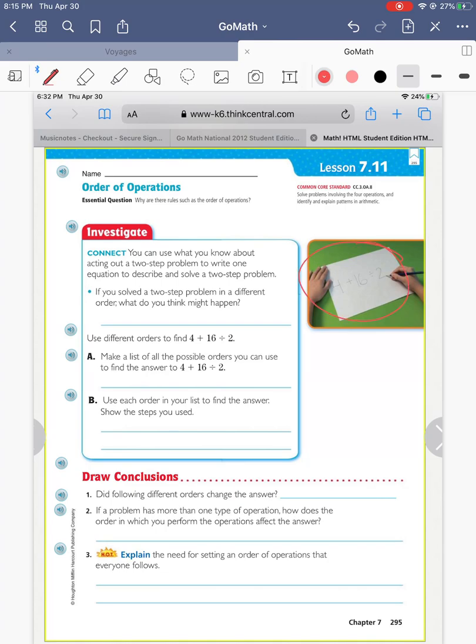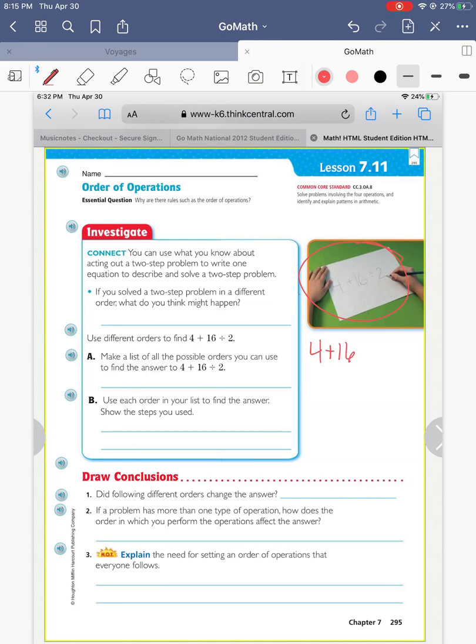So first, it gives us this problem on a piece of paper over here. It's saying that we can use what we know about acting out a two-step problem to write one equation to describe and solve a two-step problem.